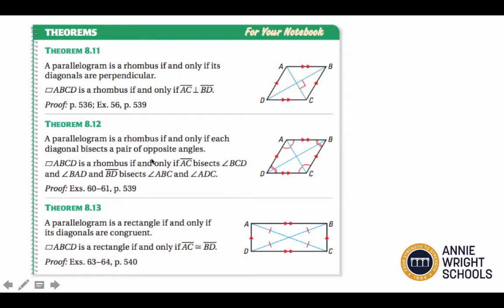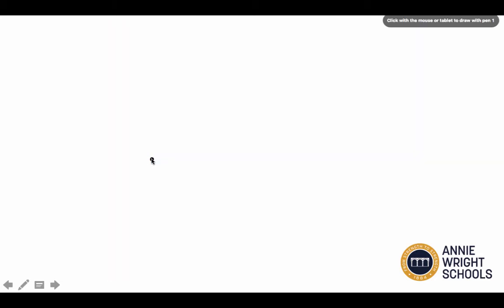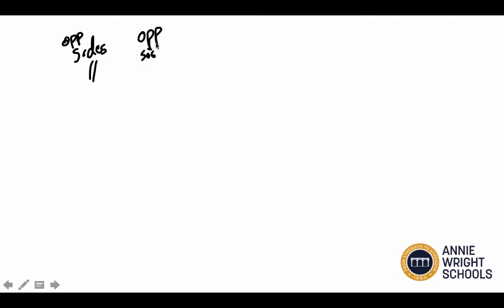So if you're keeping track at home, and I do this on the test, I can start to ask about certain properties like opposite sides are parallel. Opposite sides are congruent. Opposite angles are congruent. Diagonals bisect each other.